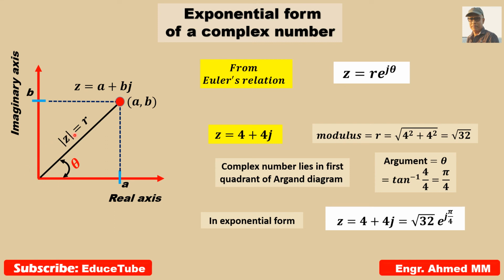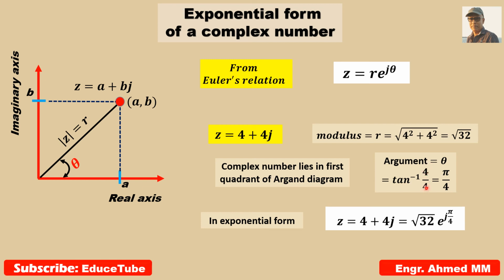The modulus, absolute z, will never be negative. Also, this complex number lies in the first quadrant of the Argand diagram. Now, what is the argument? Theta equals tan inverse of 4 by 4, because tan theta is b by a.